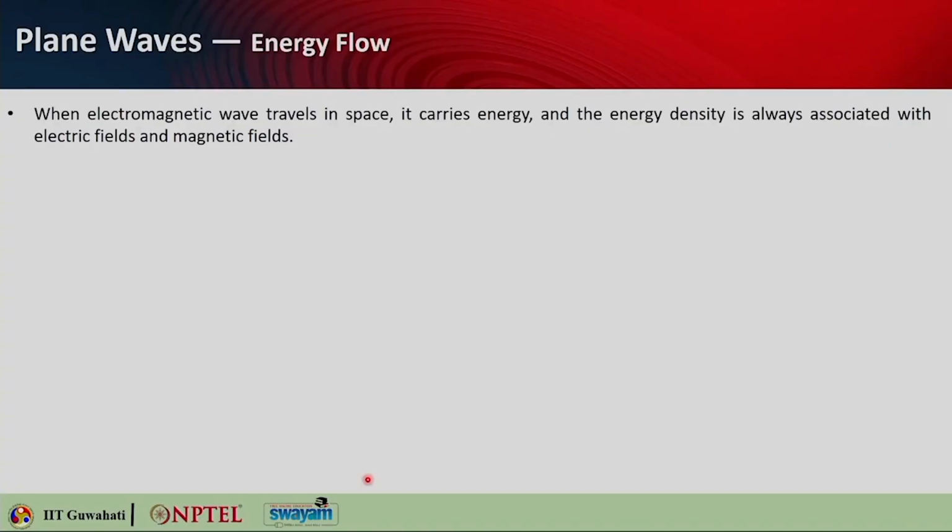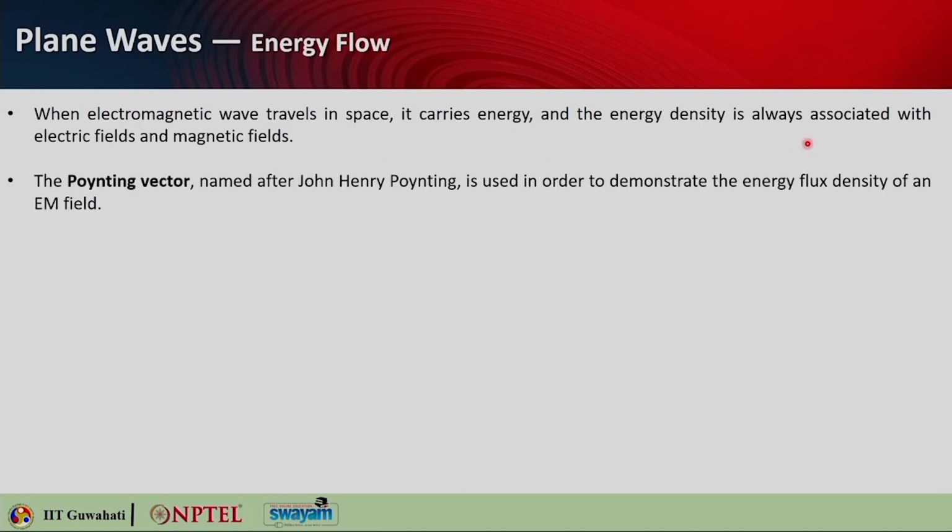Now with that, we have to understand that when a wave is propagating, there should be some energy associated with it, and we need to know which direction the energy is flowing. When an electromagnetic wave travels in space, it carries energy, and the energy density is always associated with the electric field and magnetic field.